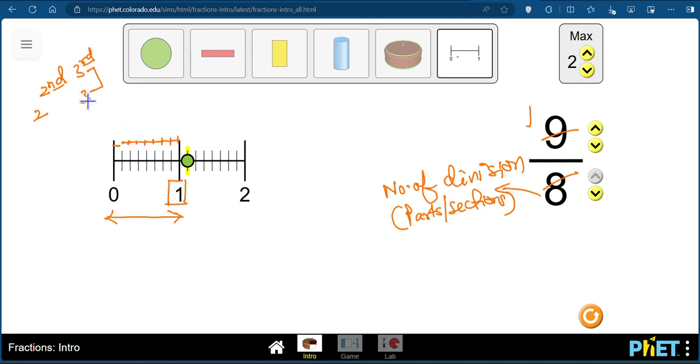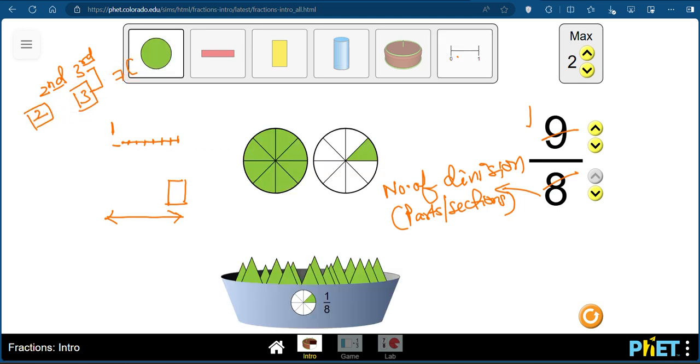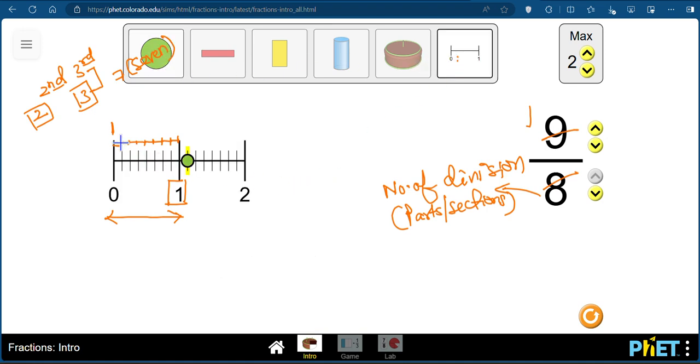When I say 3, I mean start your counting from 0 and go up to third place. Now I'm saying third. But what does 3 represent? What does 2 or 7 represent? Let's see.